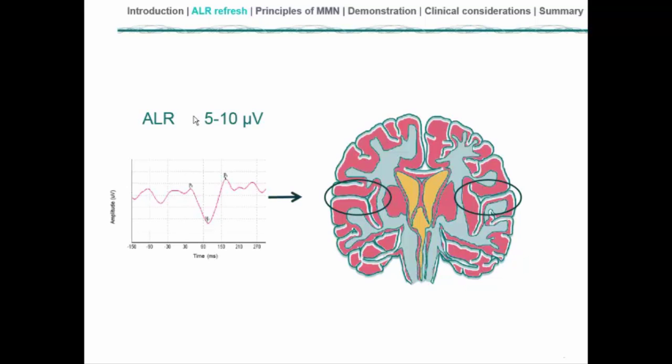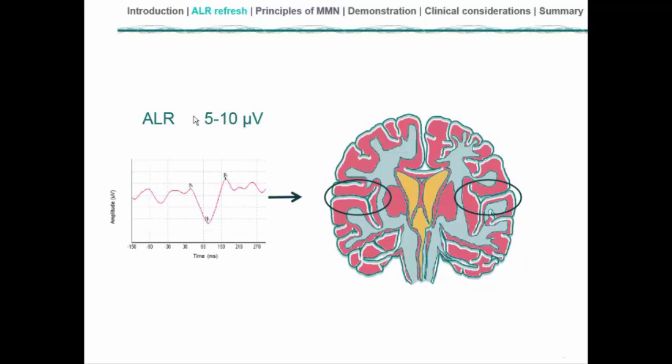These are not the only generators of the response, but the purpose of today's topic isn't really to go into the generators themselves. I'm just trying to convey with this slide that with this N1P2 response, we have some index of auditory cortical activity that can be evoked in response to a sound.